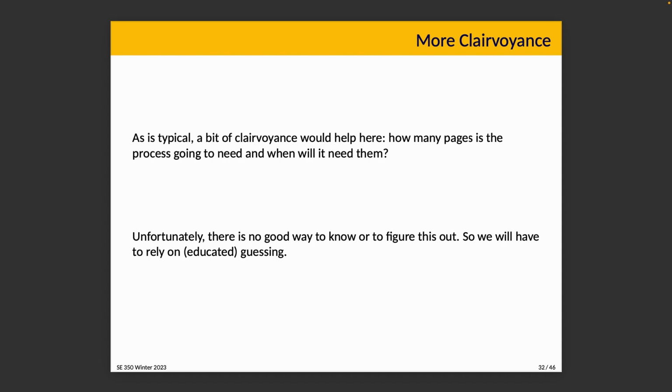It's not that easy to identify when thrashing would start, but part of the problem is we don't know in advance how many pages a process is going to need and when they're going to need them, and there's no way to ask for this information or get a reliable answer from some third-party source. So we're going to have to rely on educated guessing.